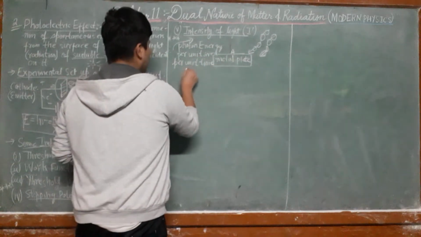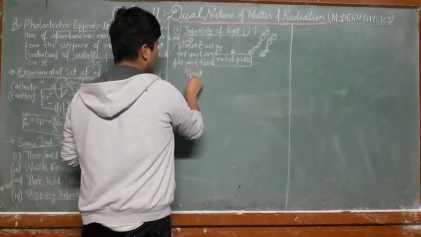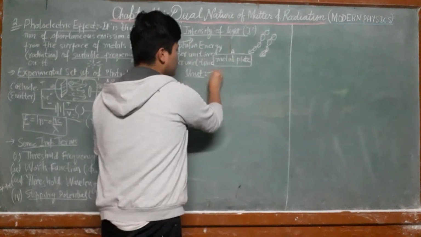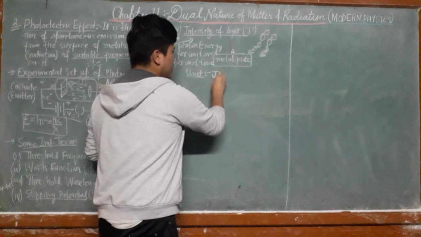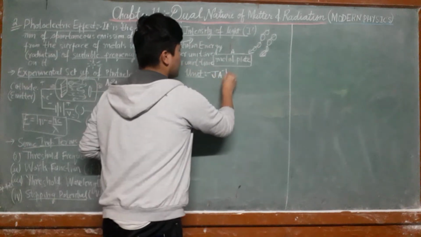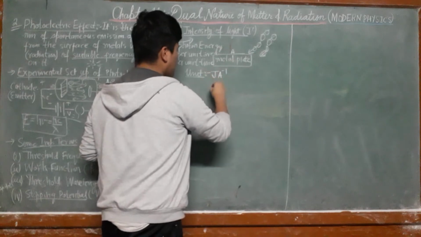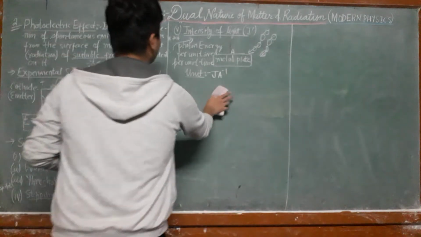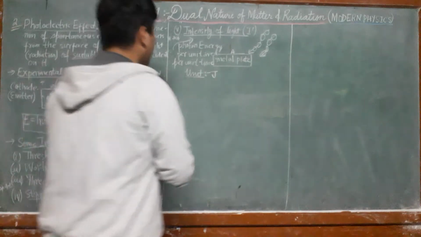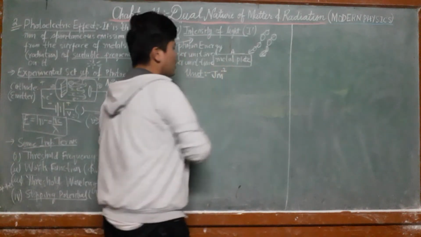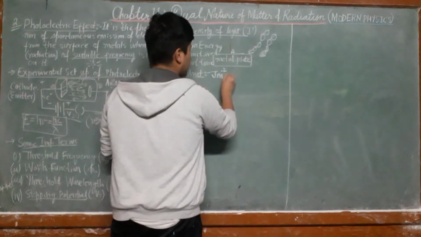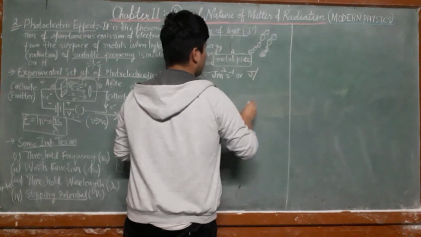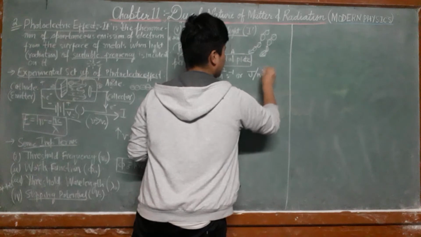In exams the unit is quite often asked. The unit is energy per unit area per unit time: joule per meter square per second, or joule divided by meter square second.